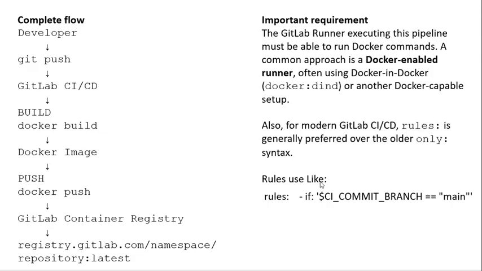The rules are used in modern examples, and the program should use rules. So you write rules: inside, - if: '$CI_COMMIT_BRANCH == "main"', and all the brackets have to close.